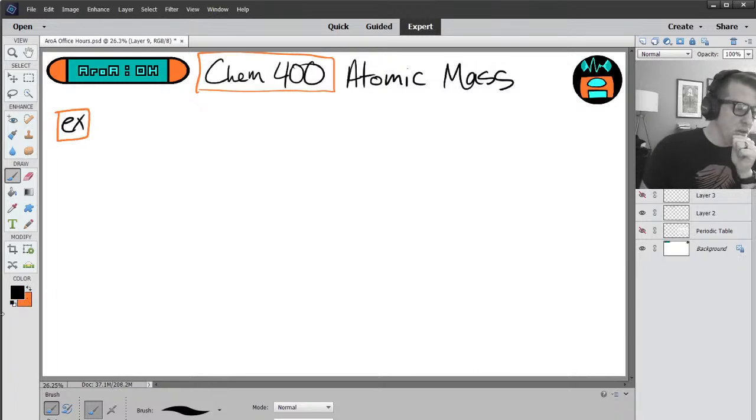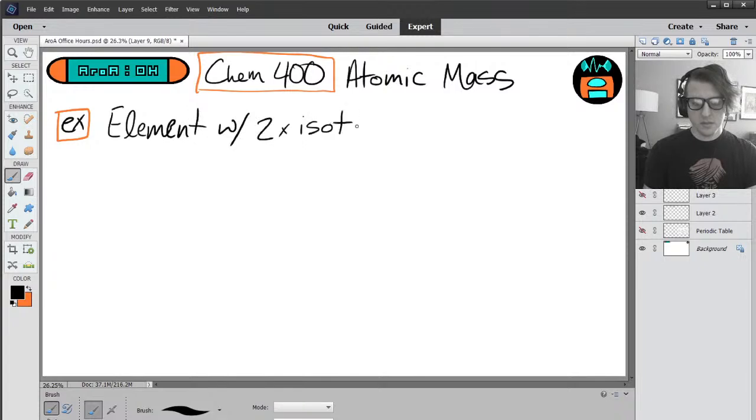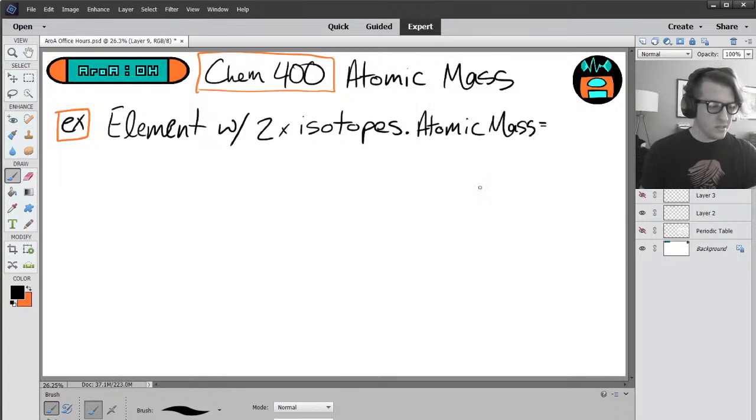So we've got an element with two isotopes. The atomic mass, we're told, is 45.33 AMU.